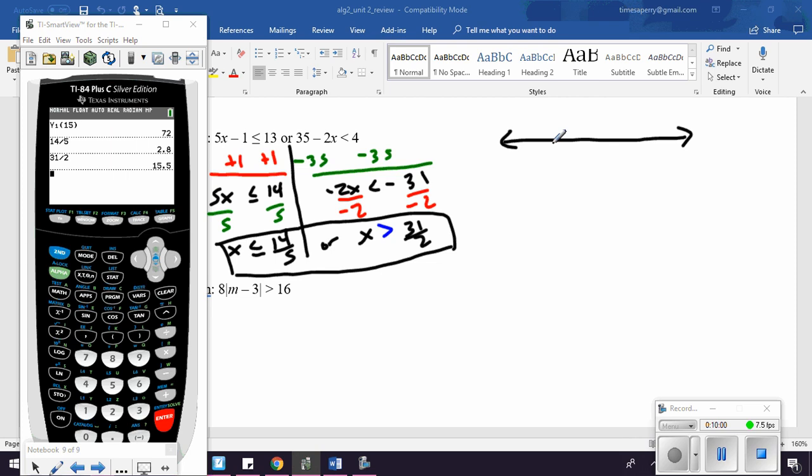So I have 2 and 3 is where I can find the 2.8. And then between 15 and 16 is where I can find my 15.5.